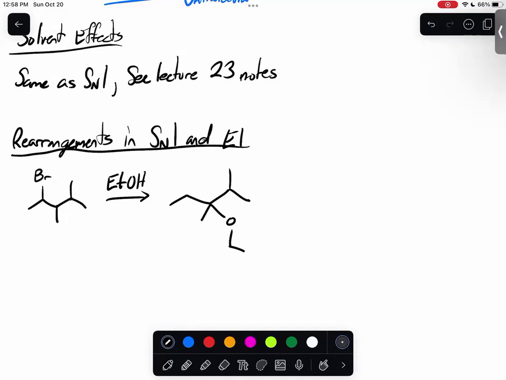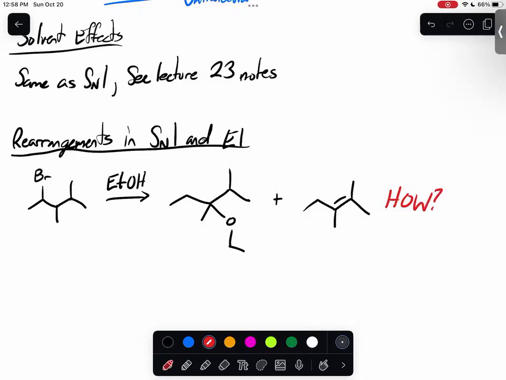But then they also found that whenever they looked at the elimination product, it was also not between the alpha carbon and where the leaving group is. So how is this even possible? And what they found was it's due to rearrangements.